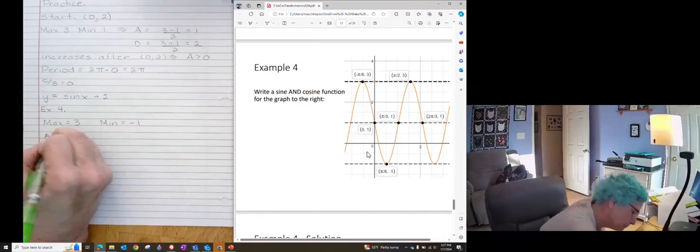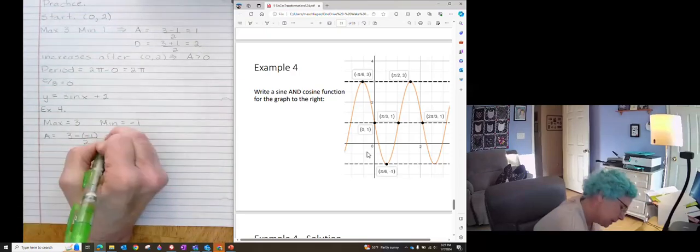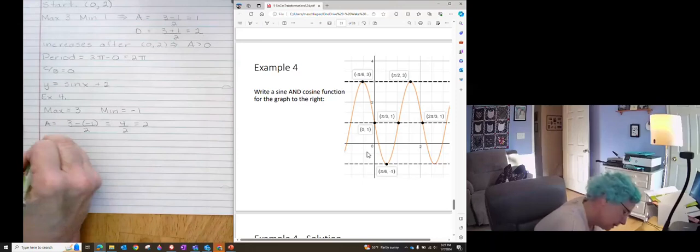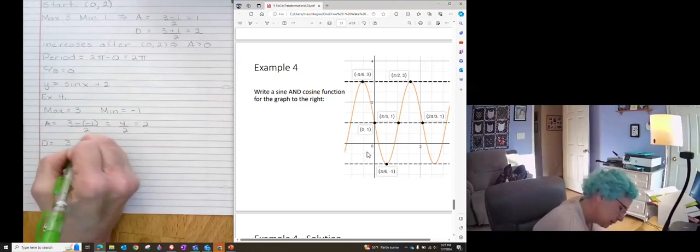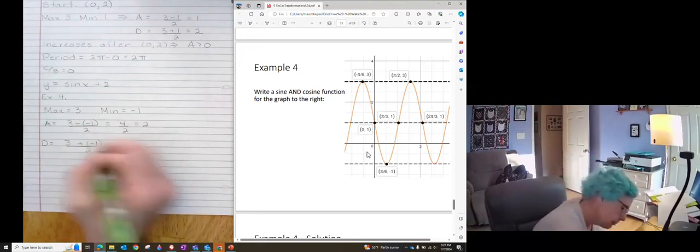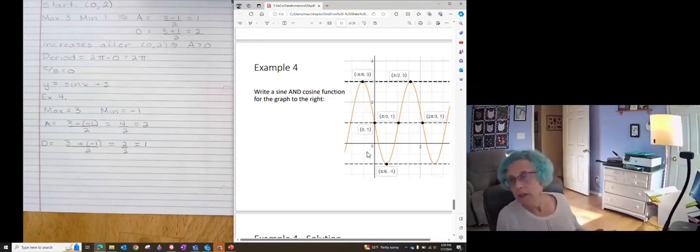So a is (3 minus -1) over 2, which is 4 over 2, which is 2. d is (3 plus -1) over 2, just the average, 2 over 2, which is 1. So our midline is at 1, and you can tell by eyeballing it that our midline is at 1, and our vertical stretch is 2. So those are going to be the same for both sine and cosine.